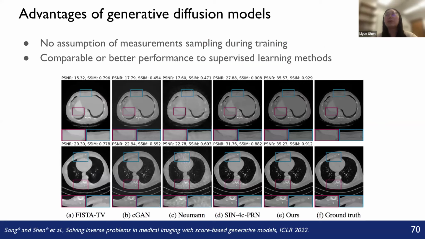One of the unique advantages of such methods compared to the previous supervised learning methods, which have been introduced a lot in deep learning reconstruction, is that here we do not have any assumption about the sampling pattern during training. In training, since we are learning the score function from the distribution, we are just trying to learn what the data should look like with regard to the real ground truth. The inverse problem solving only happens in the sampling or generation process.